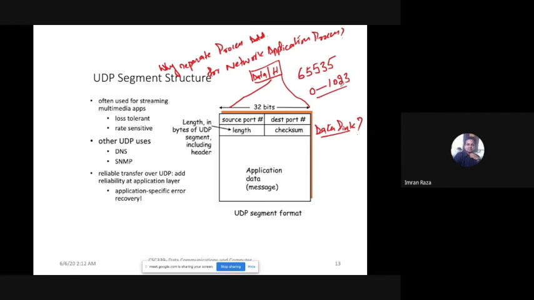For example, we have port 80 for HTTP, port 25 for SMTP, and port 21 for FTP, right? And the other details we want to look at can be seen in RFC 3232, regarding the assignment of port numbers. Okay.